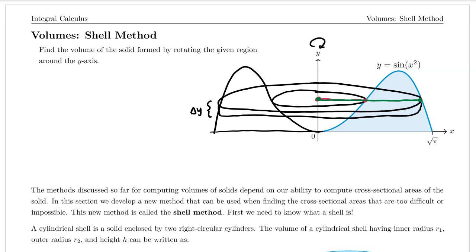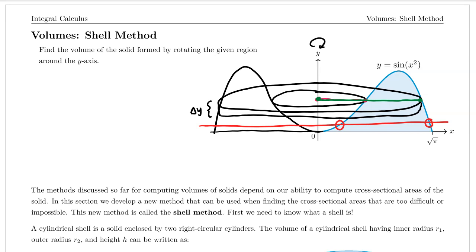If you don't remember what that means, if I drew a horizontal line, notice that that horizontal line would intersect my curve at two different locations. And so what that implies is that this is not a one-to-one function.